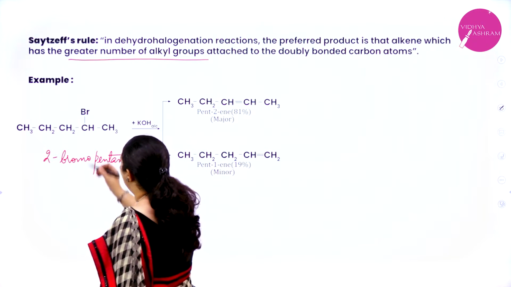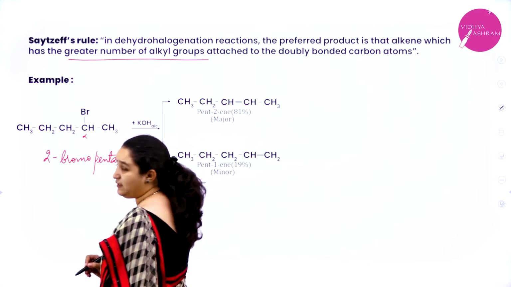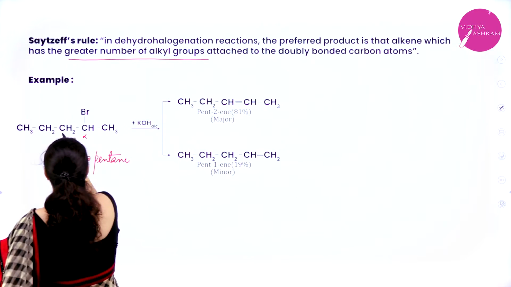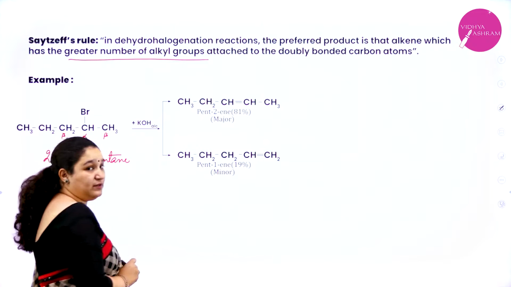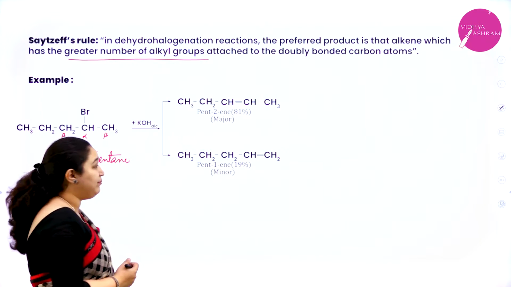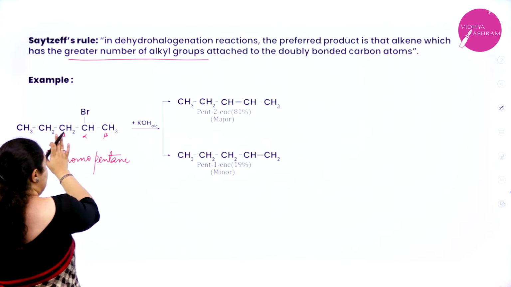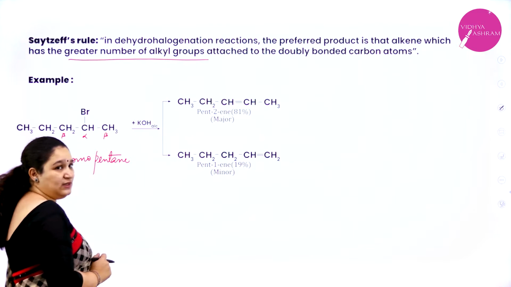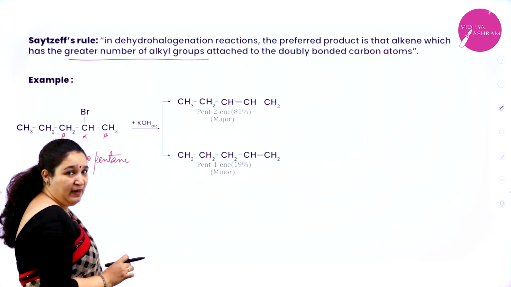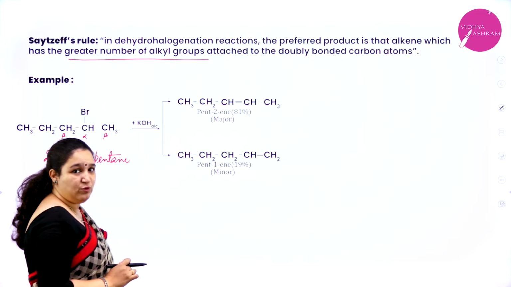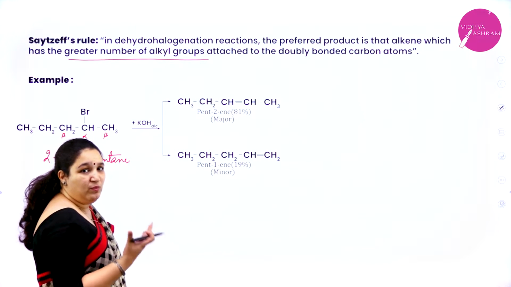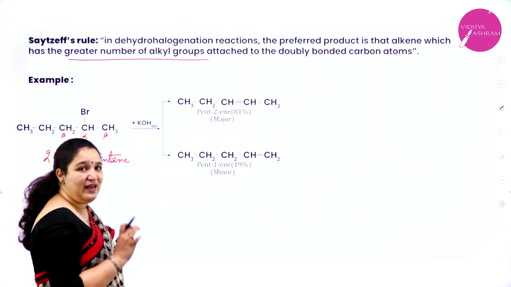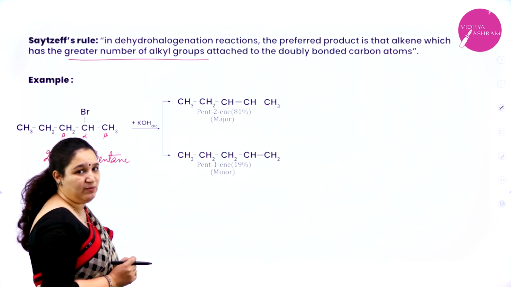Now what happens? This is my alpha carbon atom, but I have one beta carbon atom, second beta carbon atom. Now the hydrogen can be removed either from this beta carbon atom or the other one. Correct? But according to Zaitsev rule, the major product will be one which is highly alkylated around the carbon-carbon double bond.